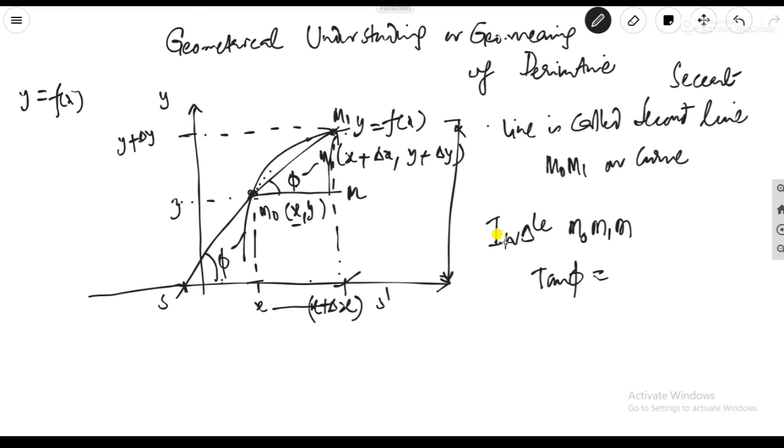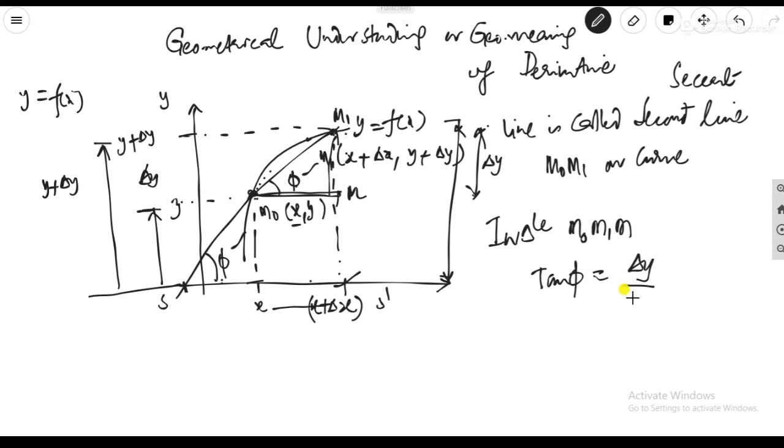So in this triangle, we take tan phi. This is again delta y, because up to here it is y, and up to here it is y plus delta y. So this will be delta y. Tan phi is equal to delta y, and this value is delta x. So tan phi is equal to delta y by delta x.